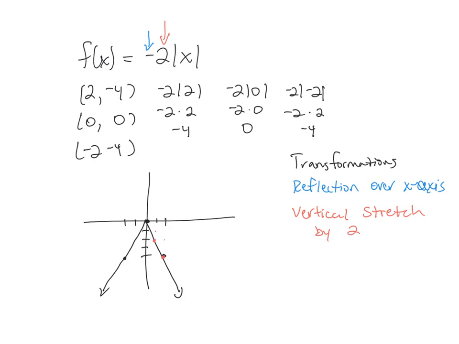You hold one part in your left hand and one part in your right hand, and you pull with just your right hand and leave your left hand alone. The rubber band's stretching out, it's getting longer. Your right hand's getting farther away from your left hand. The points are getting farther away from the x-axis. They're stretching. How much? Times 2. If that was a 3 in the front, it would be stretched by 3. Okay?